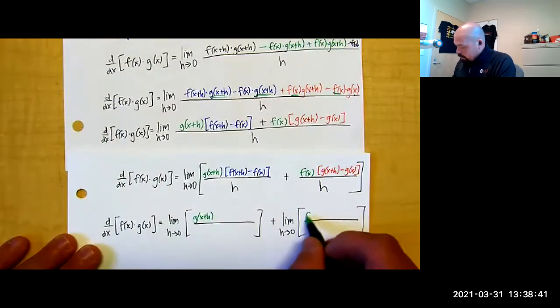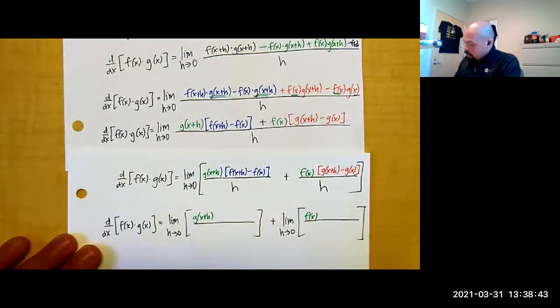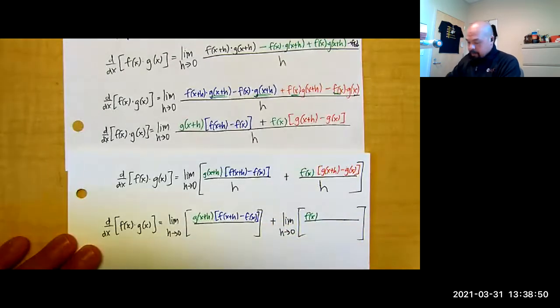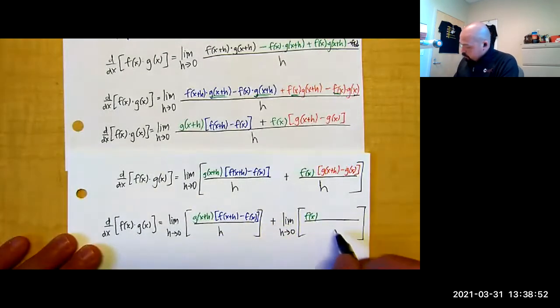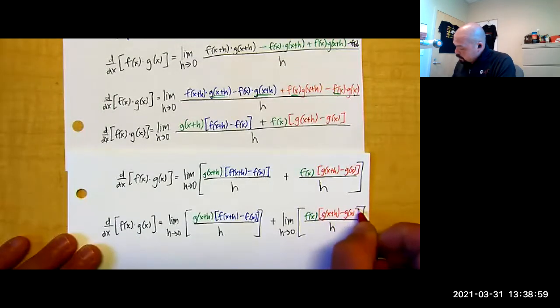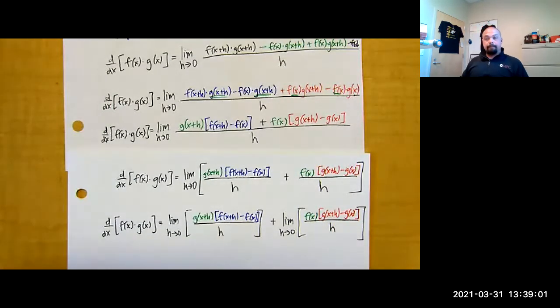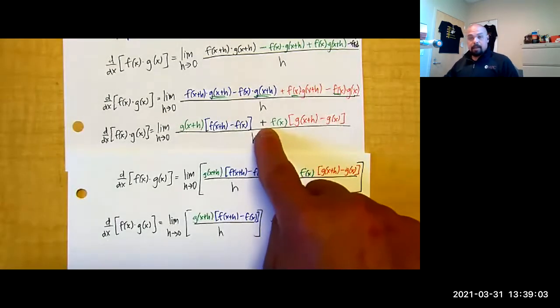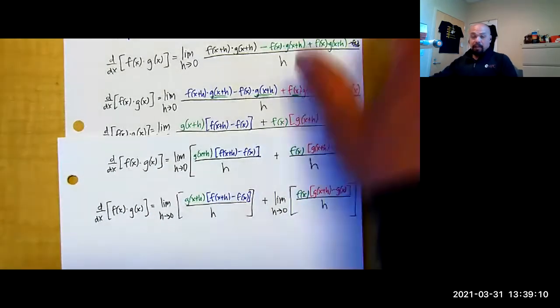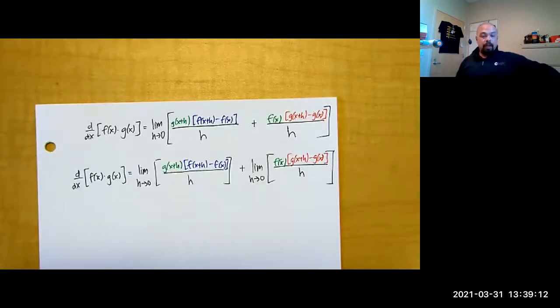So rather than combine the steps, let me just make a single step, right? So separating here. And now for this side. Similar, okay? So now separating that sum into two separate rational expressions, two fractions, then separating that sum into their own individual limits. There we go.